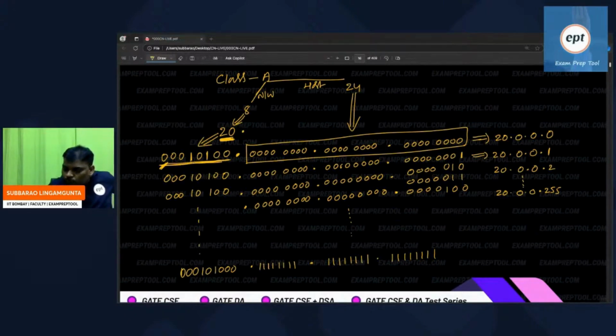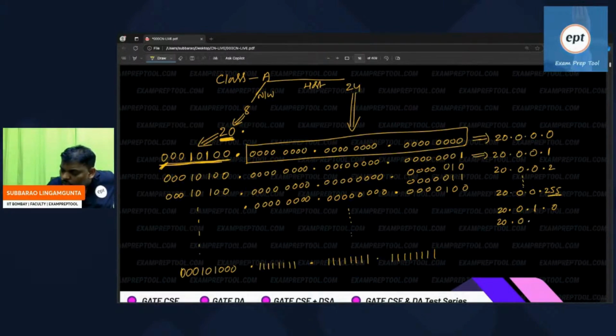Fine. So next one, can you see this one? Whenever this reaches 255, it will slowly shift to next octet. It will become 20.0.1.0.